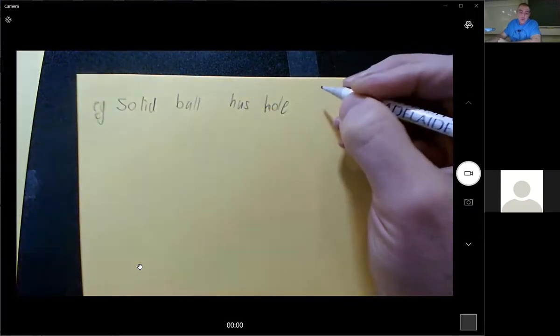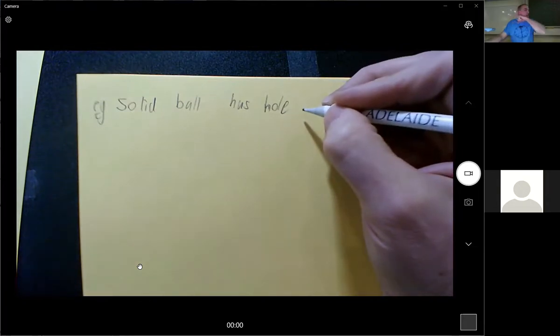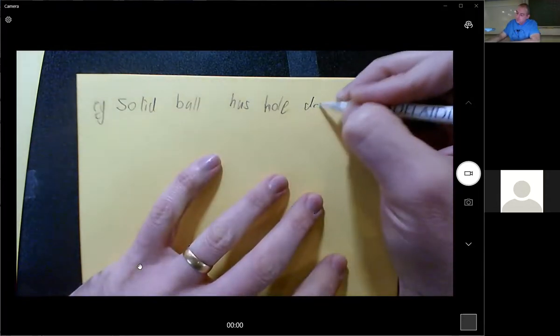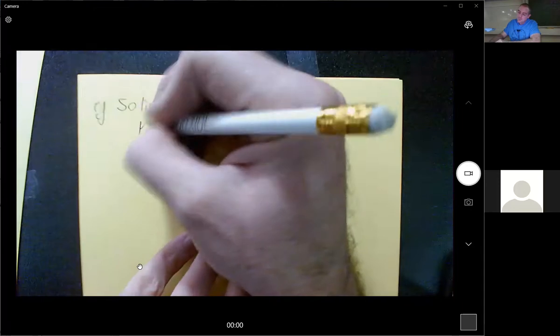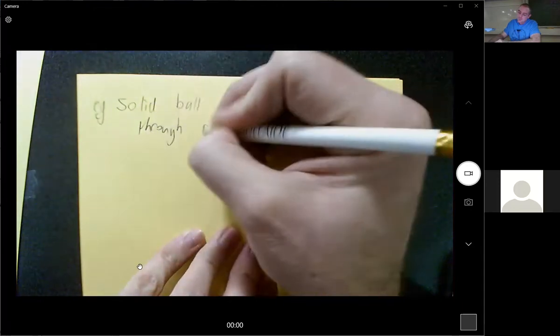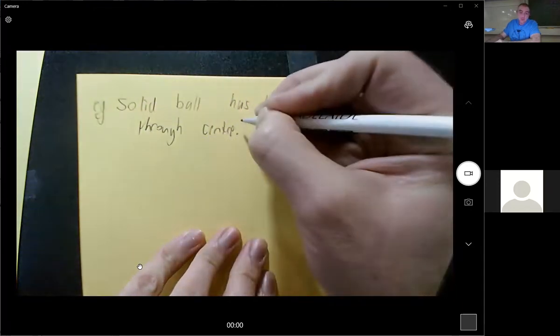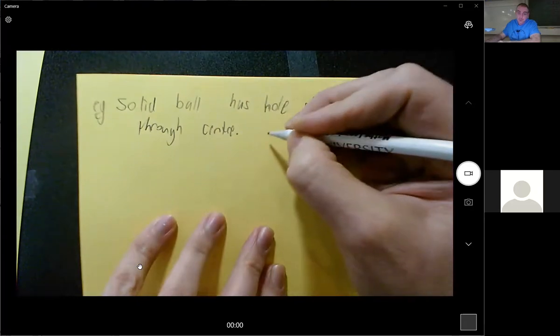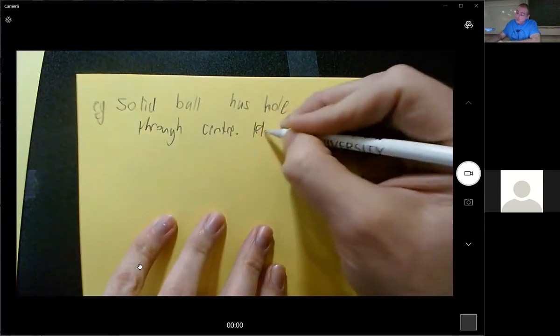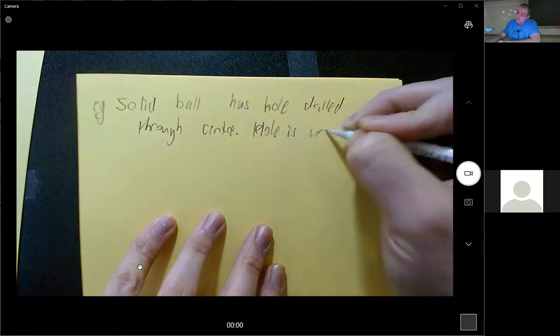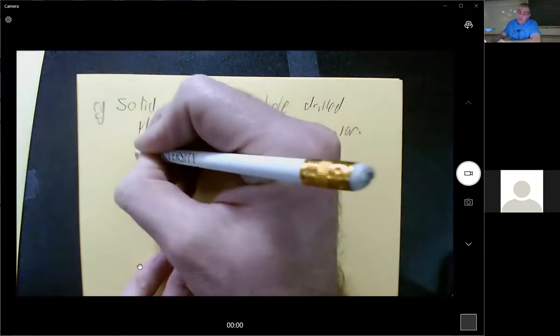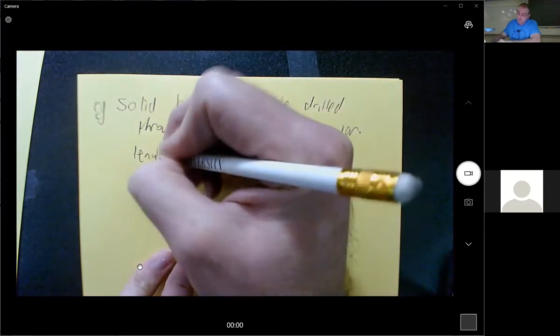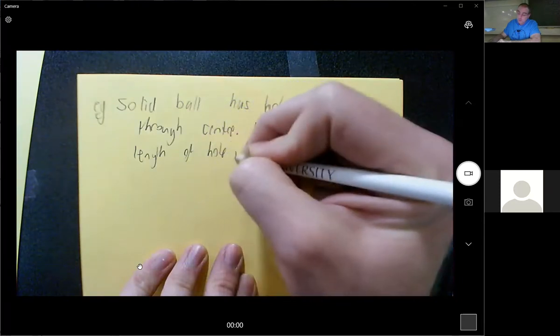A solid ball has a hole through the center. The hole is a circle, and the length of the hole is 2.